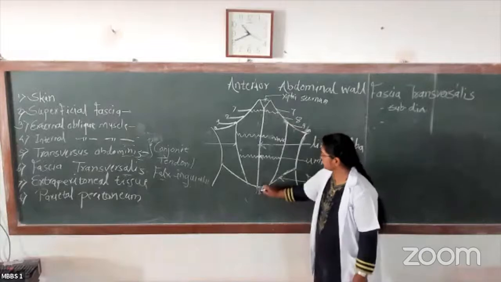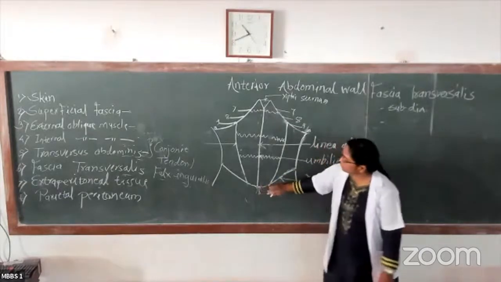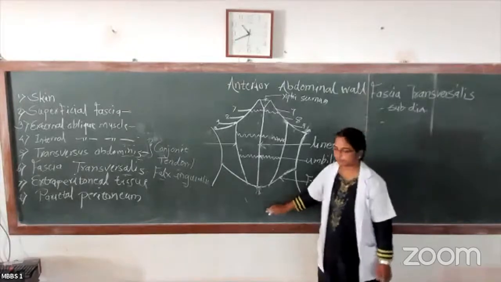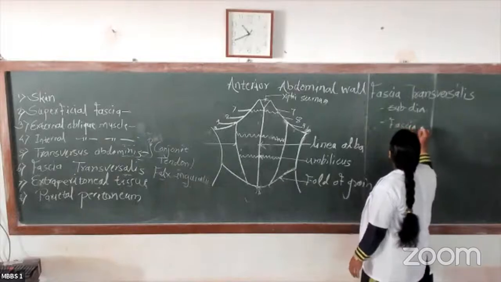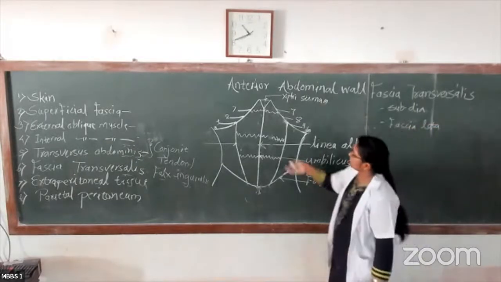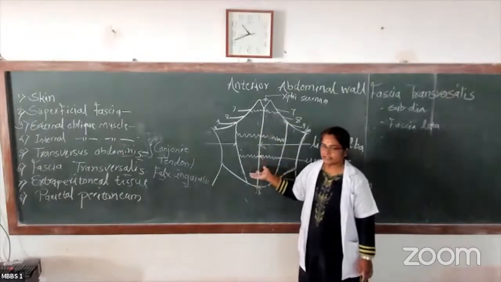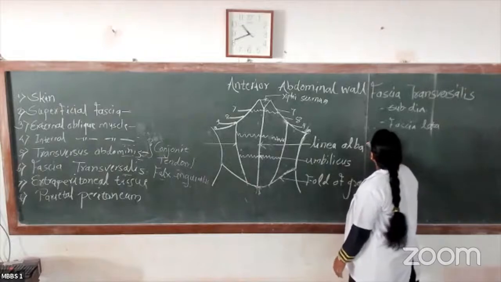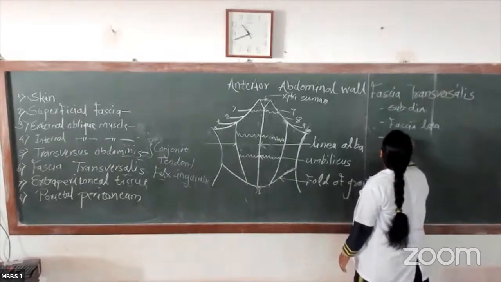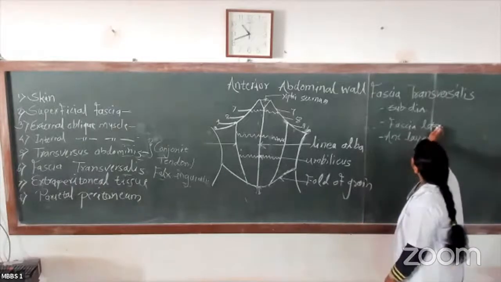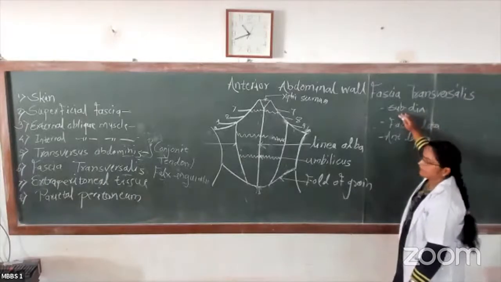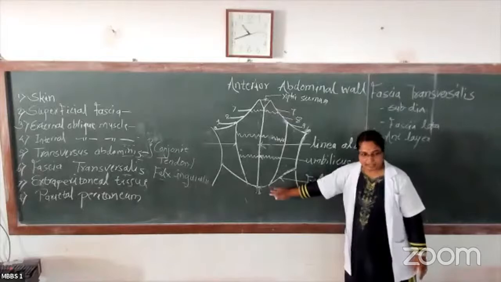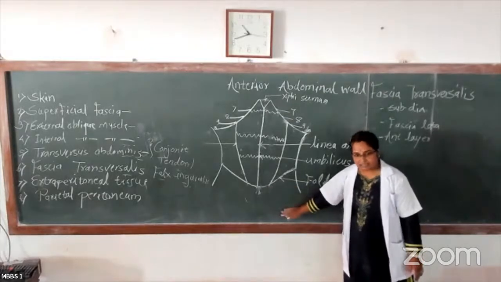Below the inguinal ligament, it becomes continuous with the deep fascia of the thigh, that is the fascia lata.